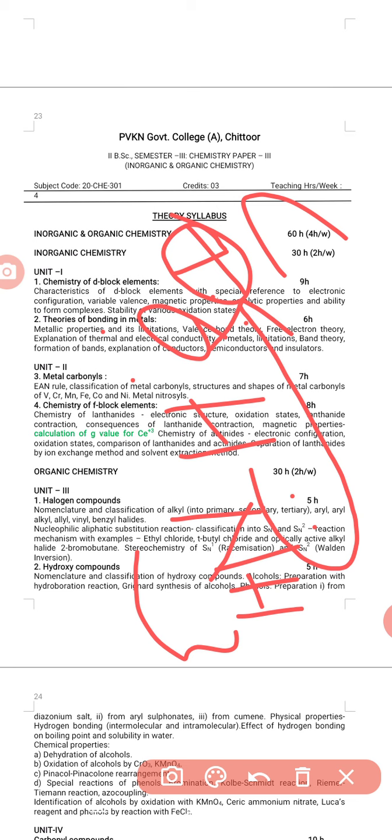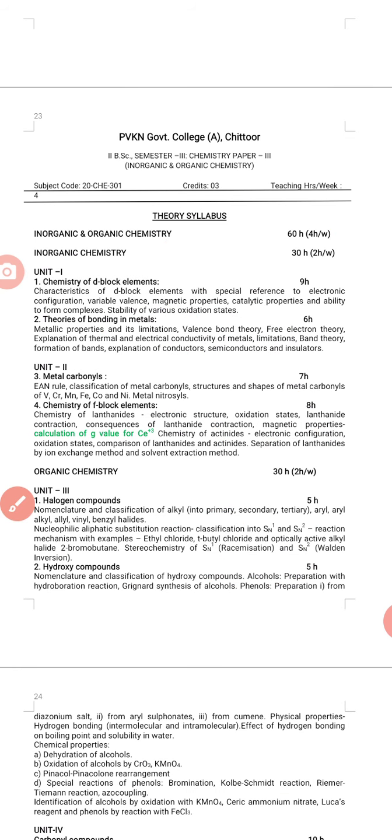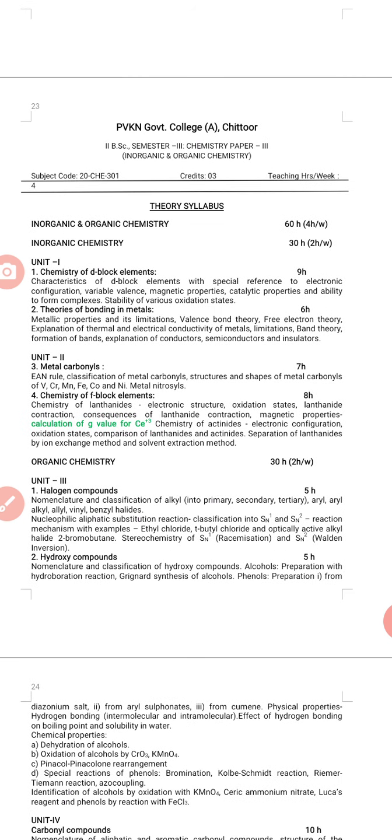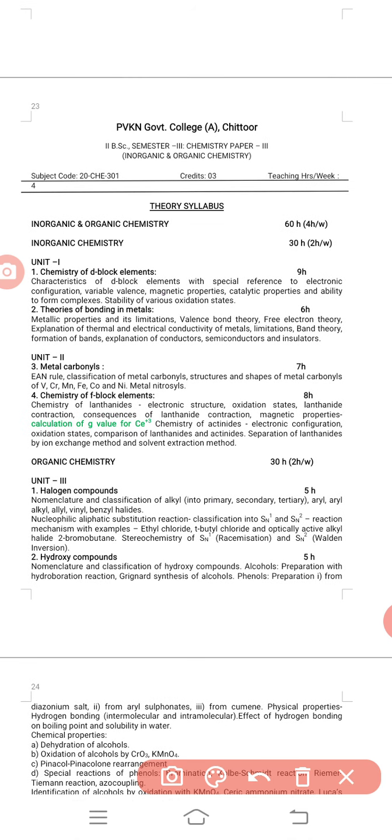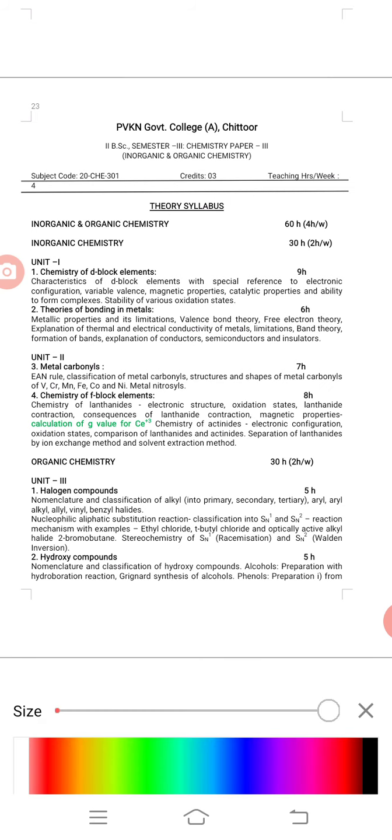Those are the nucleophiles. The nucleophile's role is always to donate the electron pair to the electropositive carbon centers. Here, very important: the SN1 reaction forms a racemic mixture.